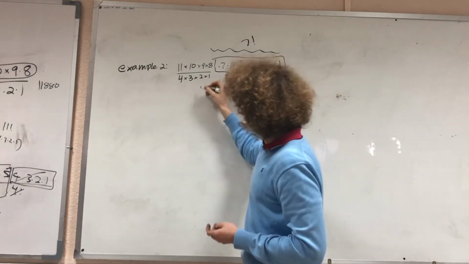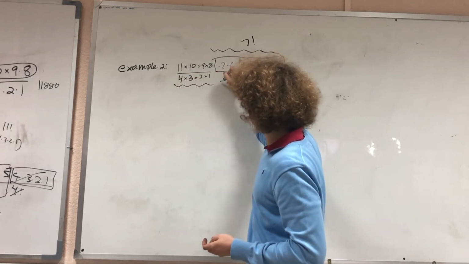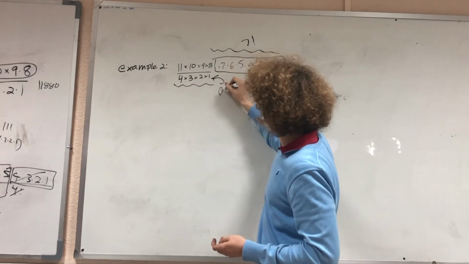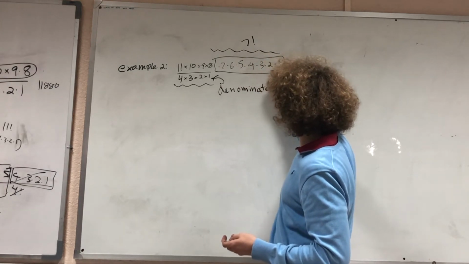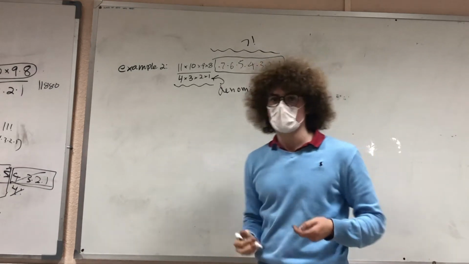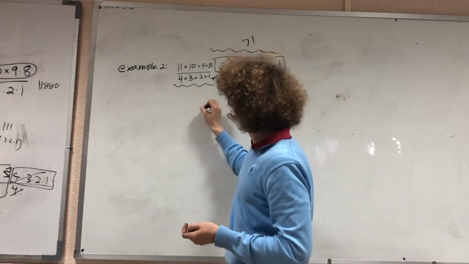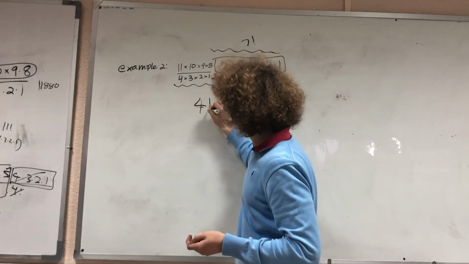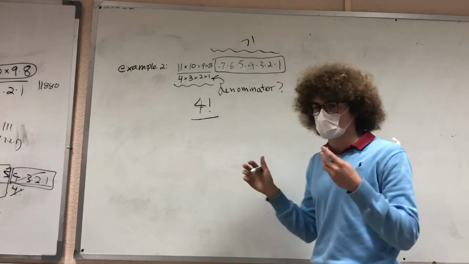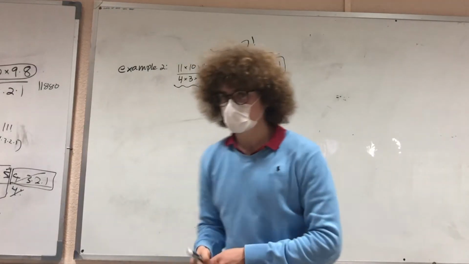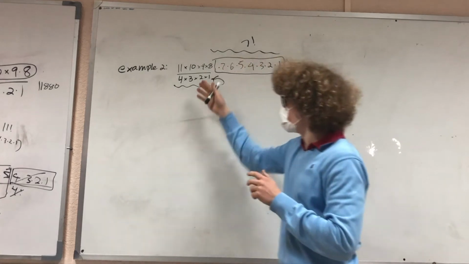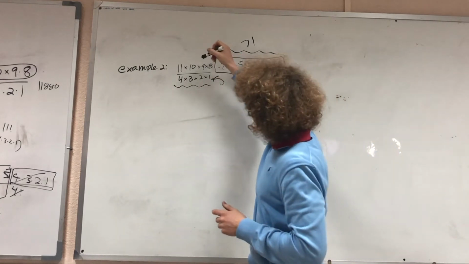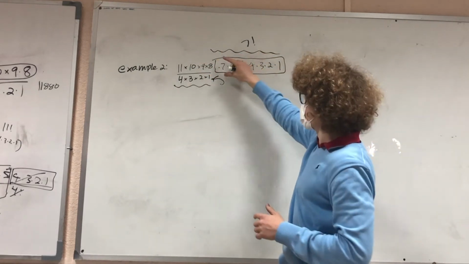So, what does this thing down here, the denominator, mean? Well, this means 4 factorial, okay? That means 4 factorial. So, this denominator means 4 factorial, and as we discovered, this numerator means 11 factorial with a missing 7 factorial.